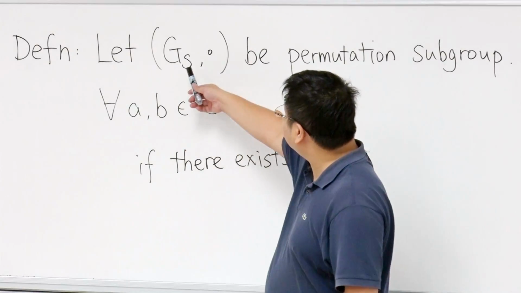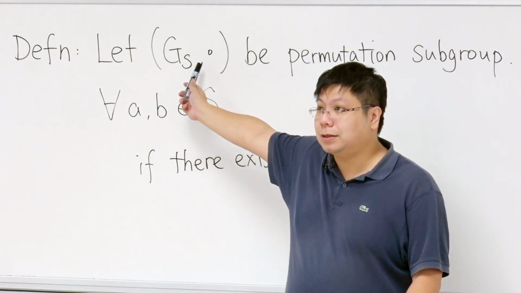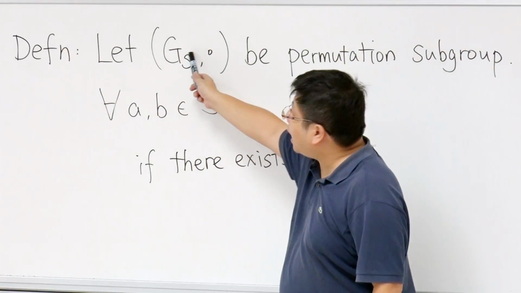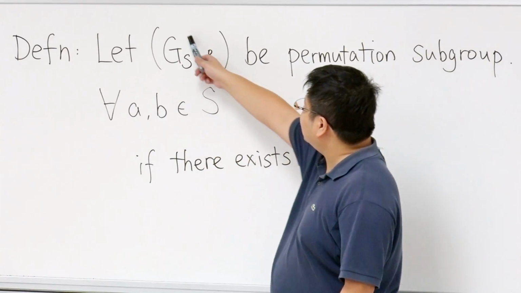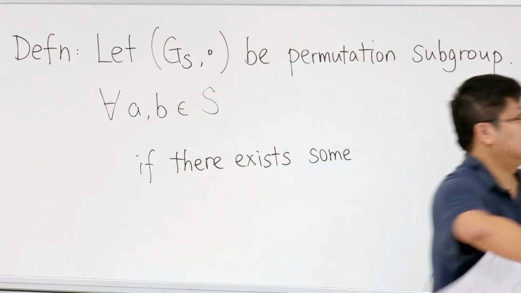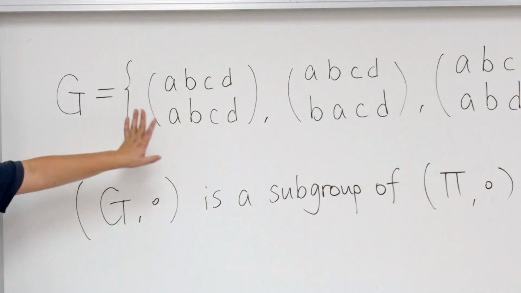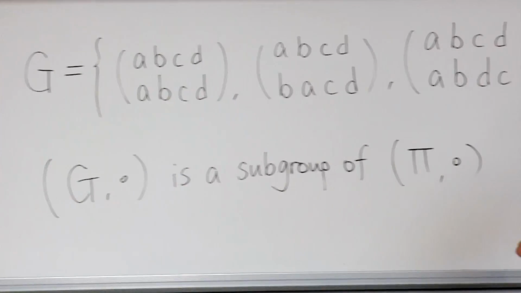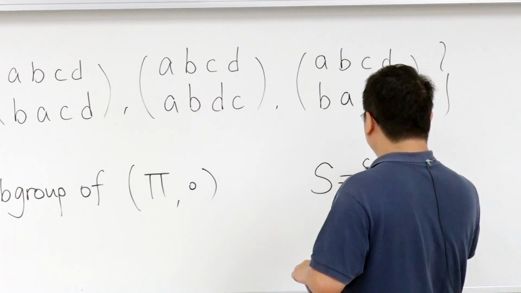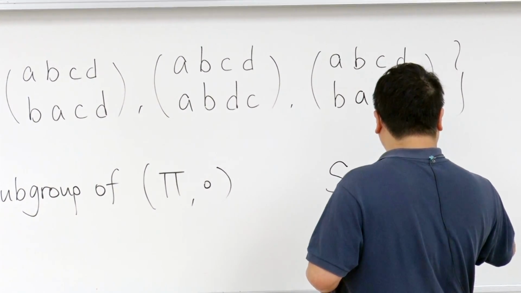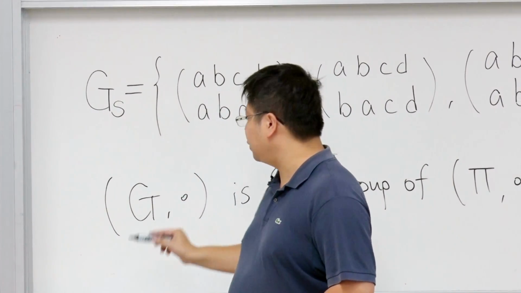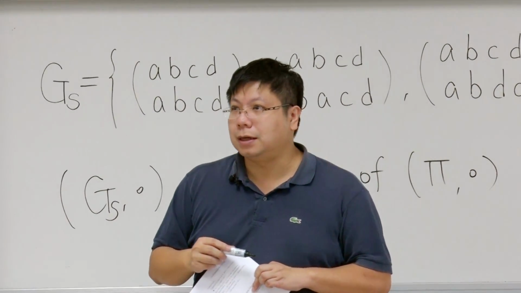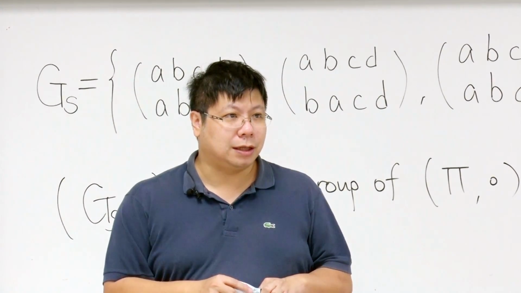Let's say the set of items is S. In the examples that we have, S is the items A, B, C, D. Then G of S contains these four permutations of A, B, C, D. So in our example with A, B, C, D, we call this G of S instead of G, to specify that the individual items in the permutation are from the set S.